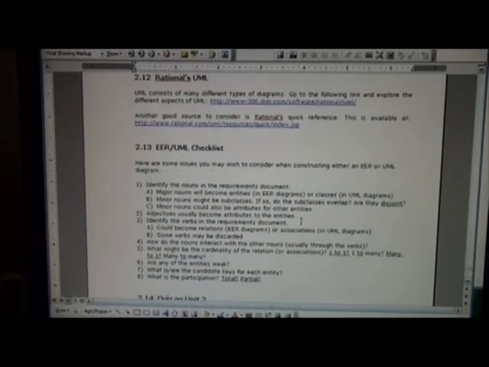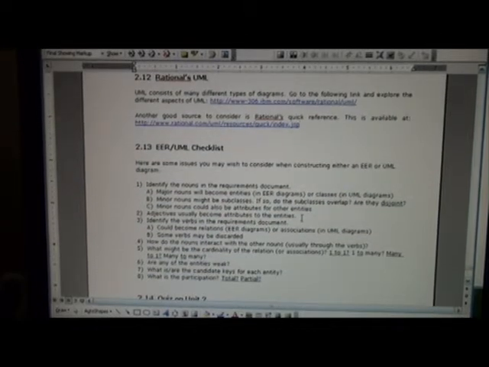So next, I just want to mention that if you do any UML designing professionally, you'd want to use the Rational Rose package, and I've got a link to that there. There's also a Rational Quick Reference. I provide the link there.